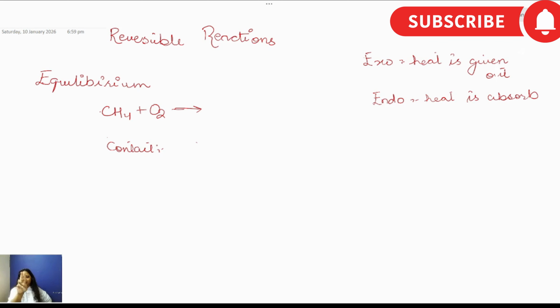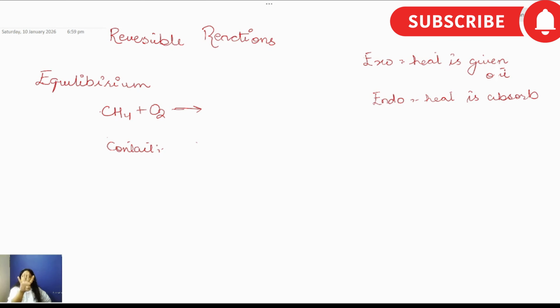Atmospheric pressure. What would be the temperature? It would be high, 400. What would be the catalyst? It's vanadium, and if we want to be more specific, it's vanadium pentoxide.